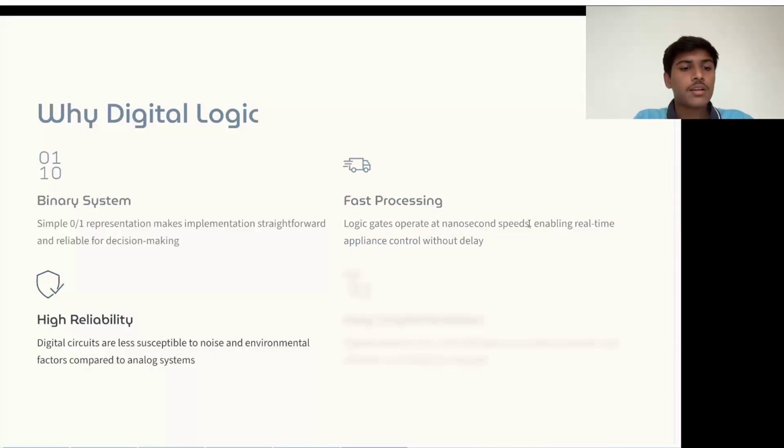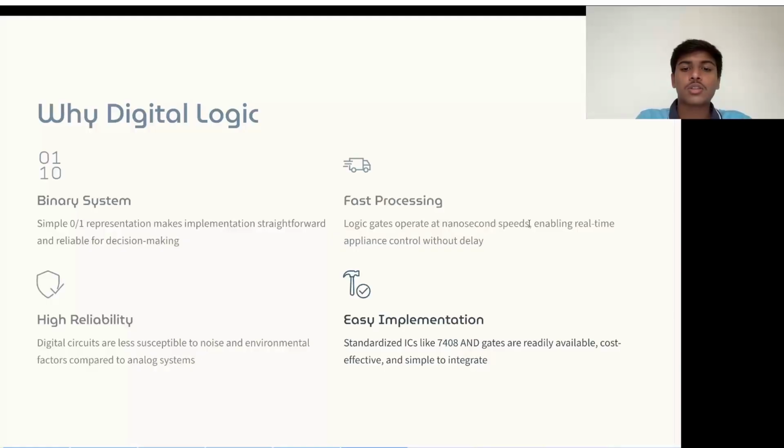High reliability. Digital circuits are less susceptible to noise and environmental factors compared to analog systems. Digital circuits are very useful in industries and also in our real life compared to analog systems. Easy implementation.